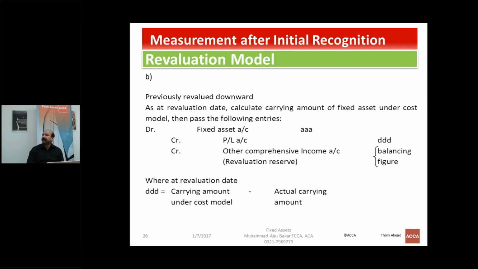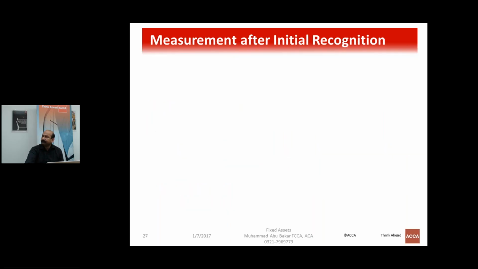The balancing figure will be other comprehensive income. There could be a balancing figure, there could not be. But anyway, this could be the balancing figure. There are other ways as well, but practically, if you apply this approach, you will be reaching the right figures.